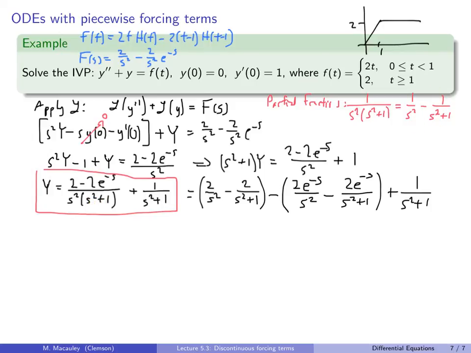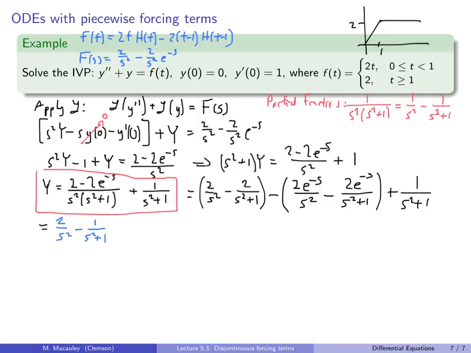And I think we can simplify this a little bit. So let's see. We have 2 over s squared plus 1, and here we have 1 over s squared plus 1, or minus 2. So these things can combine. So let's write this as, use blue now, 2 over s squared, then we have minus 1 over s squared plus 1, right? And then let's do these terms.